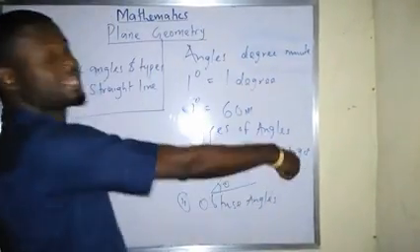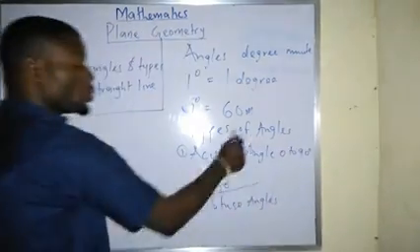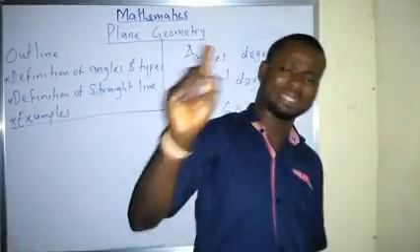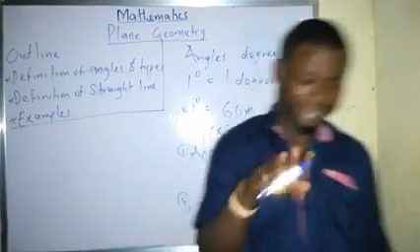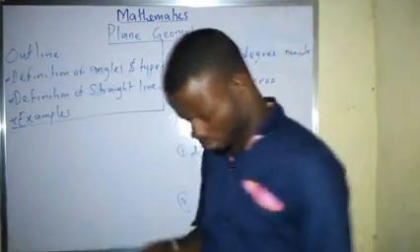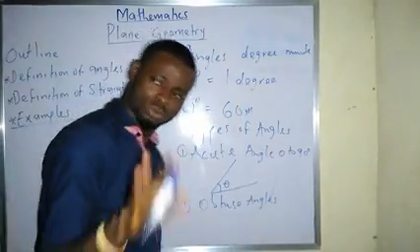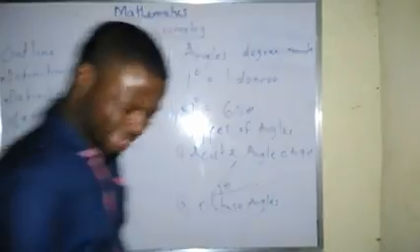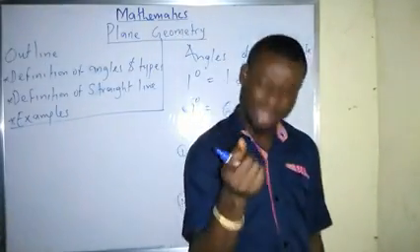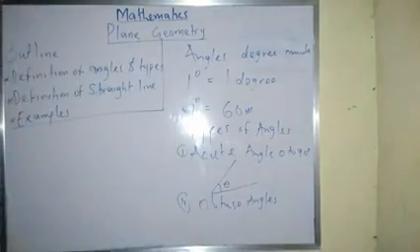It must not be equal to 90, please. Once it's equal to 90, the story will change; we're talking about right angle. Once the angle is equal to 90, we'll be talking about right angle. But if it is not equal to 90, even 1 degree less than 90, it means it's an acute angle.